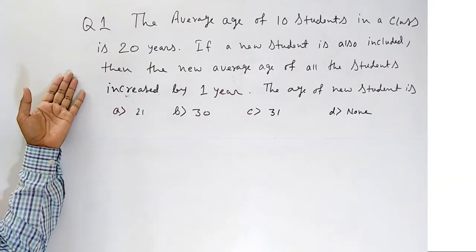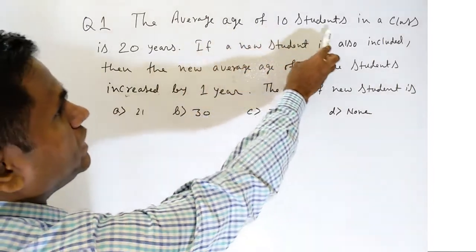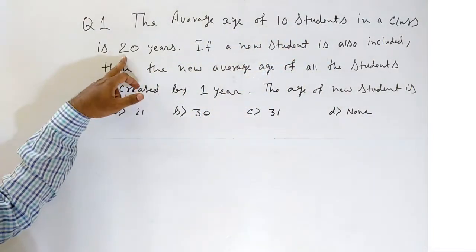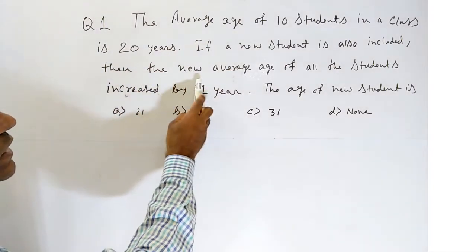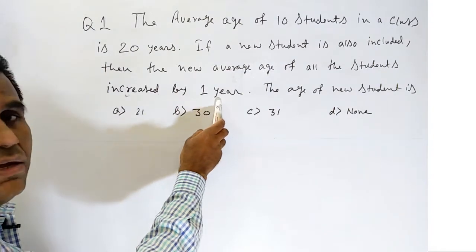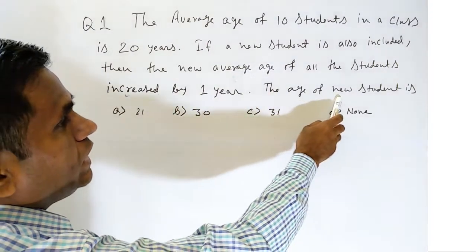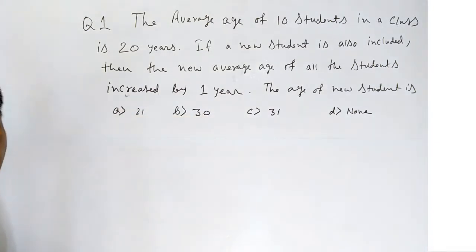So here is our first problem, friends. In this problem you can see the average age of 10 students in a class is 20 years. If a new student is also included, then the new average age of all the students is increased by 1 year. So the age of the new student is what we have to find. 4 options are given. As we have learned the formula, the sum of the numbers is equal to average into count, right?